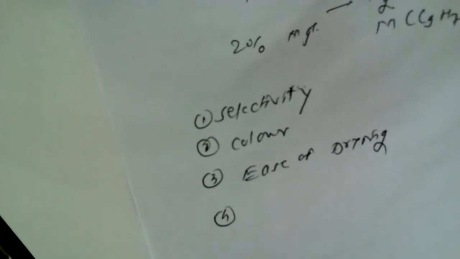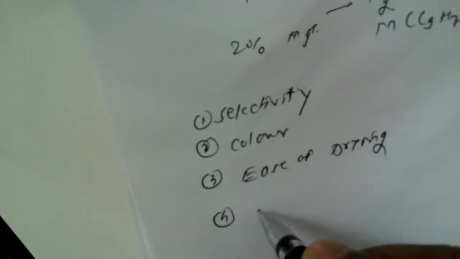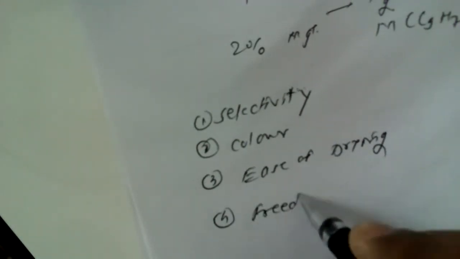Then fourth, we have freedom from co-precipitation. That means contamination due to co-precipitation does not take place. That means whatever product is obtained is free from impurity. And fifth, it is also used in volumetric analysis, that is titrimetry.